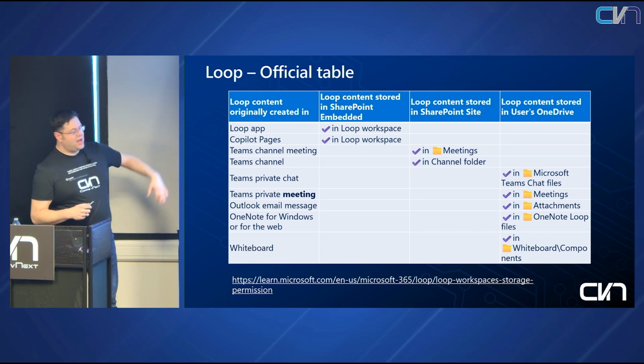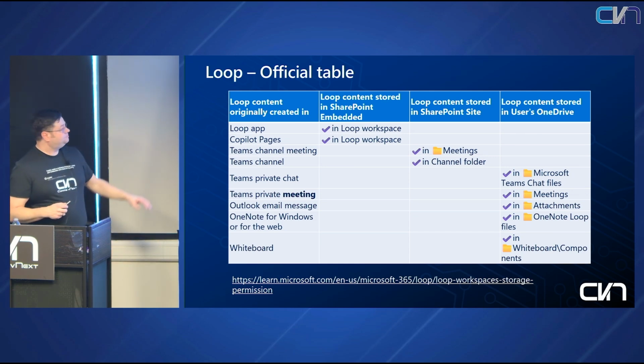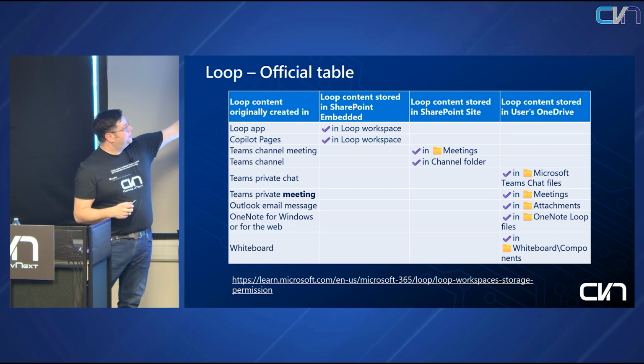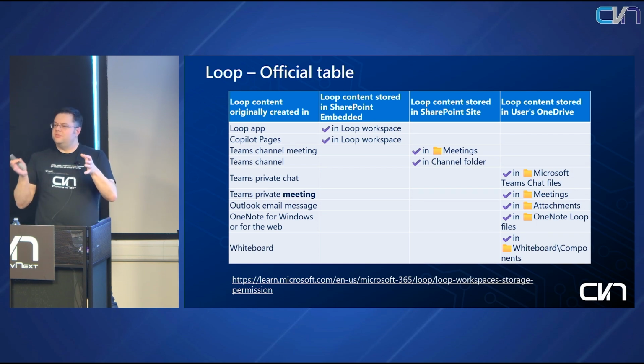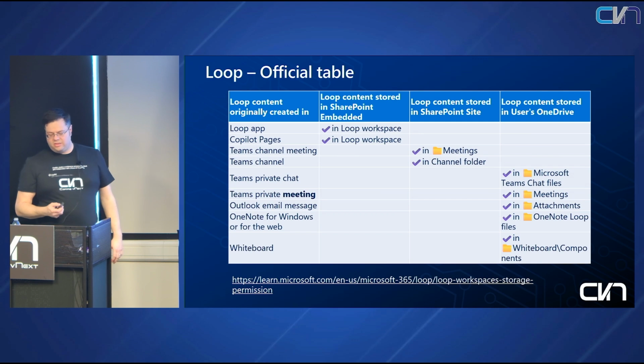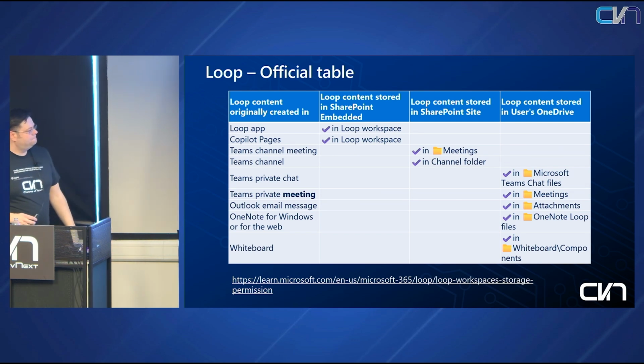But this is showing you where those different kinds of elements live. So in the Loop app, content is in the SharePoint embedded. If it's in a Teams channel meeting, it's in the meetings folder, blah, blah, blah. If it's a private meeting, it goes into the user's OneDrive in the meetings folder, etc. So Microsoft, again, is following the sort of precedent that it's set, that this is the way that they're kind of doing stuff. So, Ben, what's SharePoint embedded?